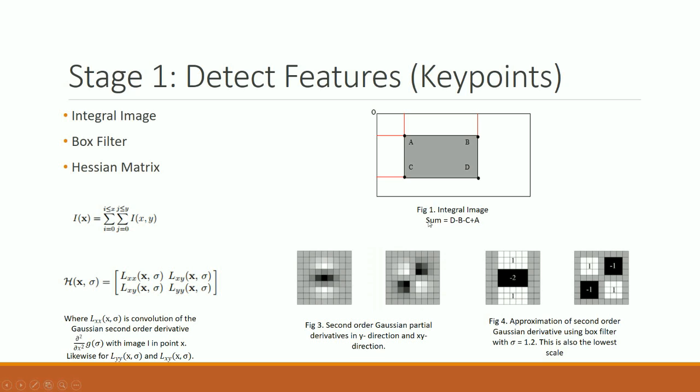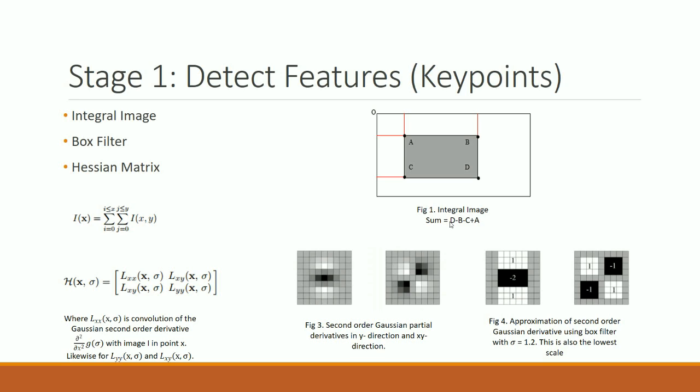Now in an integral image, to find the value of this point, let's say A, the value of A equals the sum of the values of all the pixels above and to the left of A. So this is the formula: D minus B minus C plus A. This is a constant time operation, which gives the low computational cost that the SURF algorithm gives us.